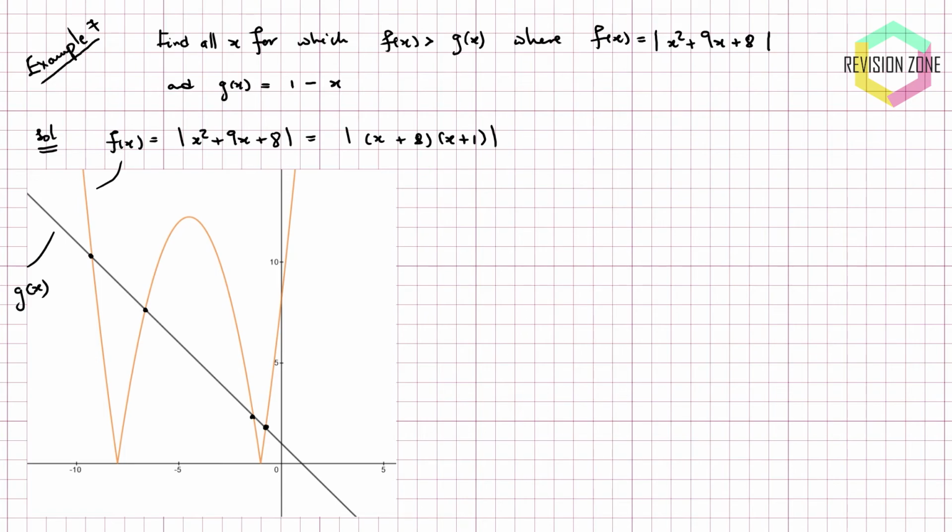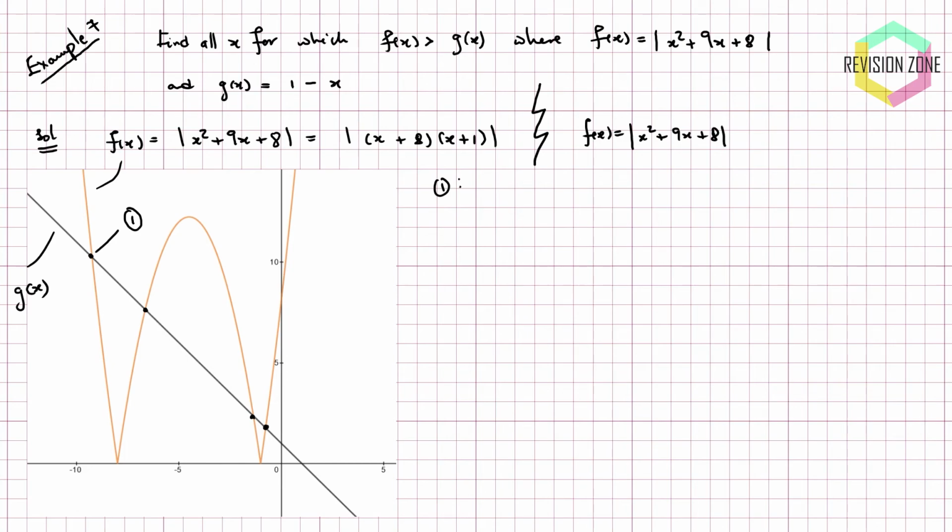So let's try to figure out this x value here. Let's call it x1. How are we going to do that? Well, it's going to be an intersection between this part of our quadratic and the line 1 minus x. But I want to write down what this looks like, so let me do it here. f of x is the modulus of x squared plus 9x plus 8.